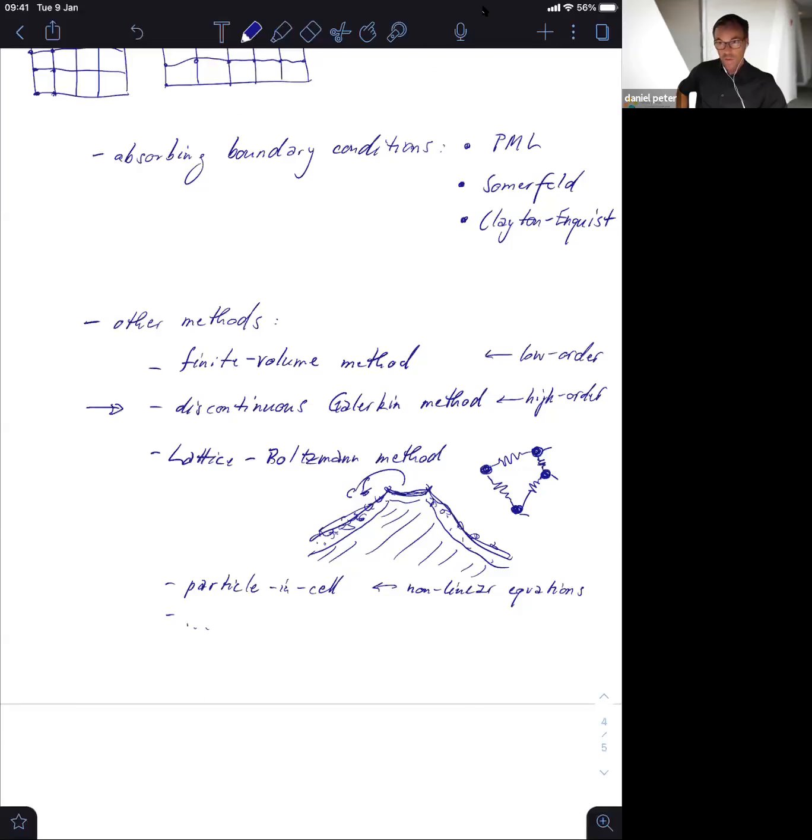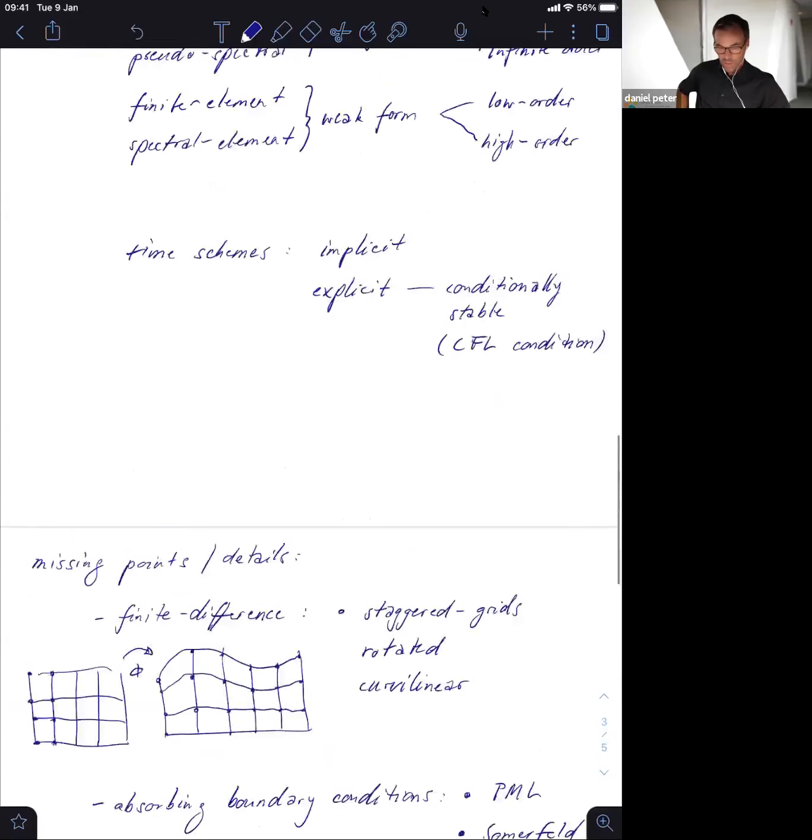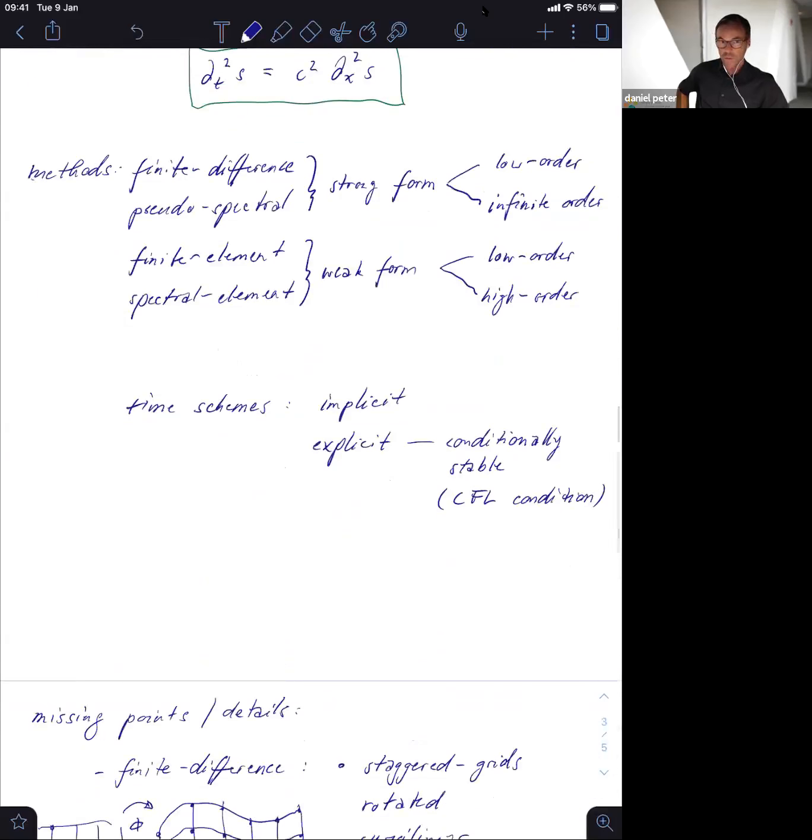Finite volume, not so much for wave propagation yet. Lattice Boltzmann, only very few groups use that approach. And all other groups basically use one of these methods: finite difference, pseudospectral, finite element or spectral element.